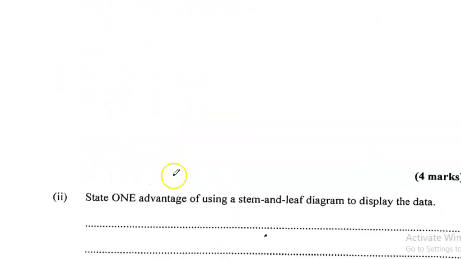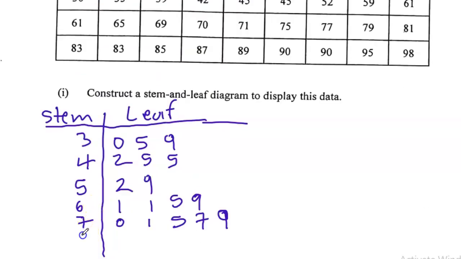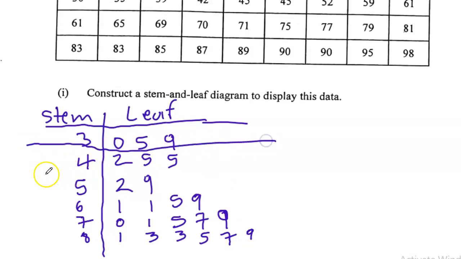And then we have the 80s: 81, 83, 83 again, 85, 87, and 89. Let me just separate my rows.